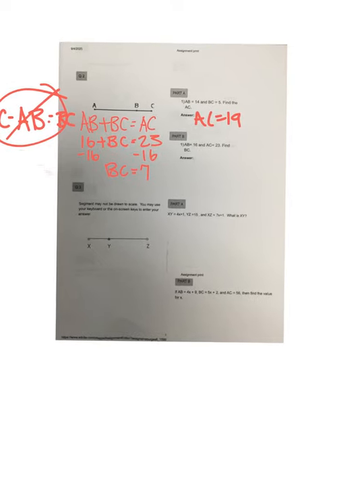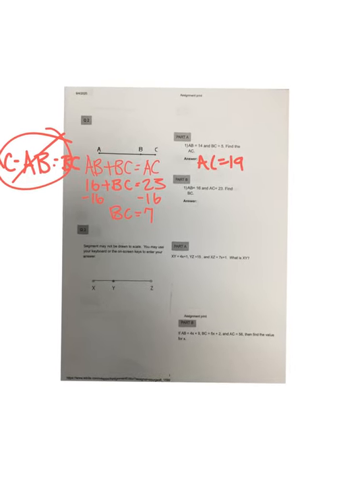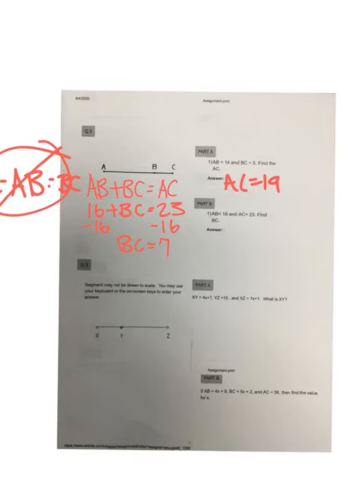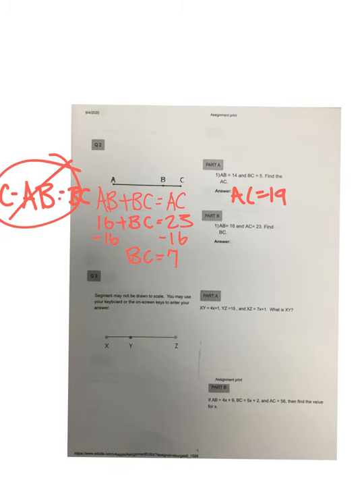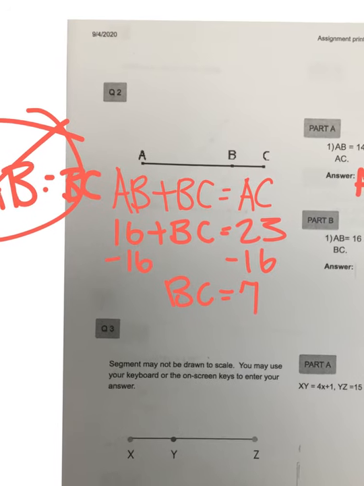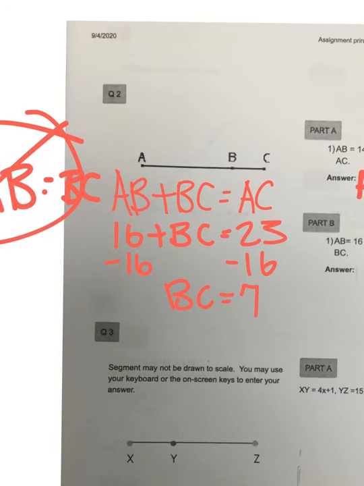Any questions about that one before I move on? Dallas, you following with us? Yeah. So if we do AB plus BC equals AC, for part B, instead of just subtracting AC and AB, can we just subtract it in the calculator and then just write 16 plus 7?